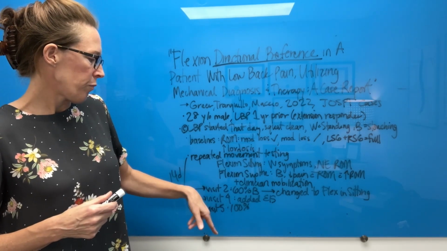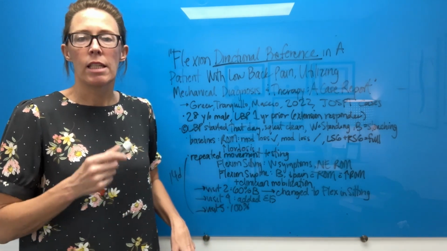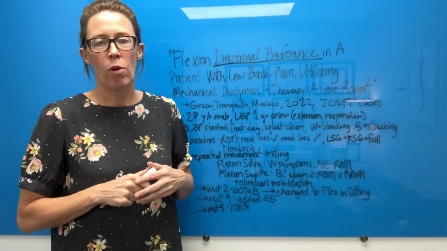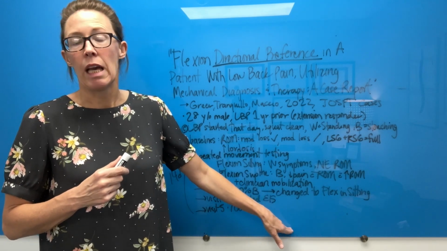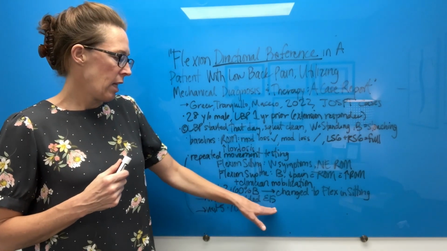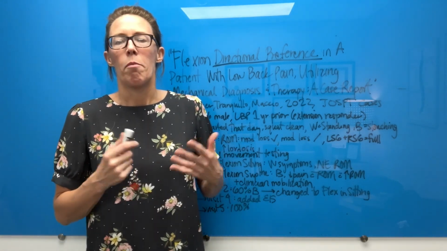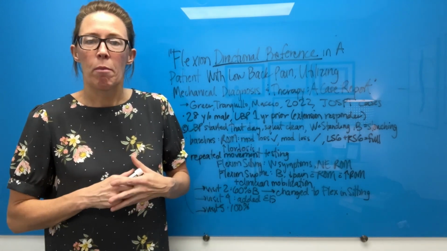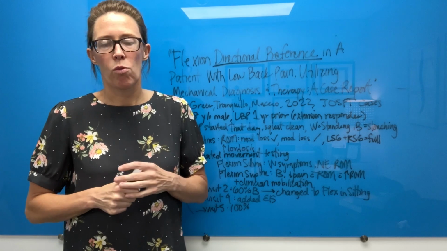Visit 4, they added extension in standing to test the integrity of the healing. So if the lesion has healed, if the joint derangement is not vulnerable anymore, it should be able to tolerate movement in the opposite direction. So they added extension in standing, EIS, and his home program became doing the flexion that was fruitful, and also adding in some extension just to make sure that we can now move that joint in both directions without problems.